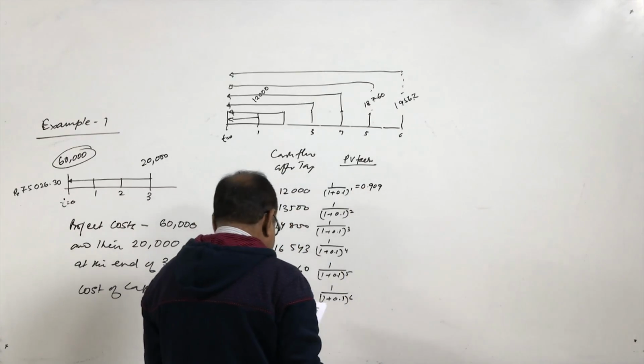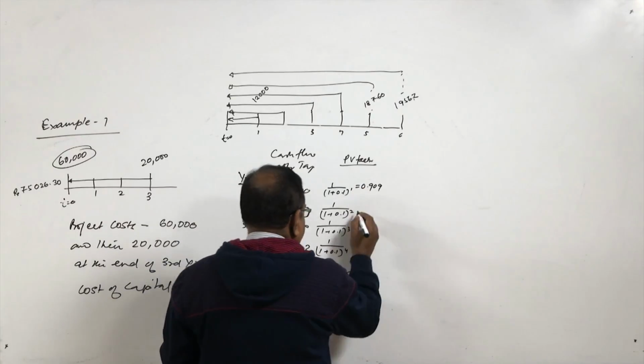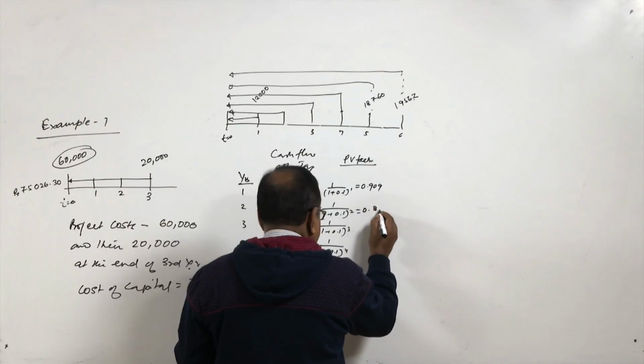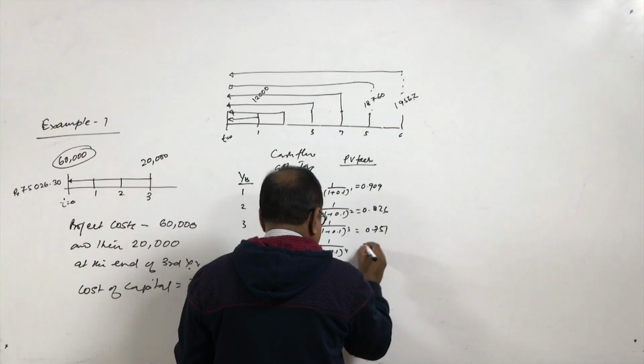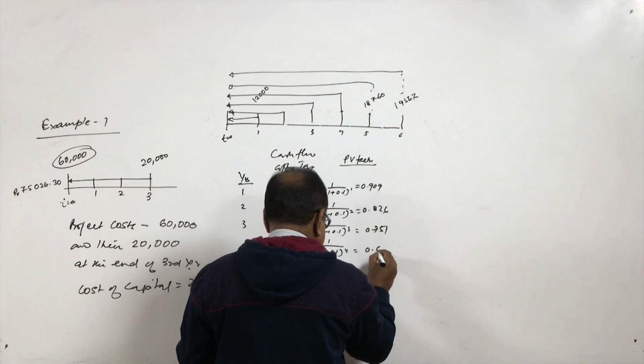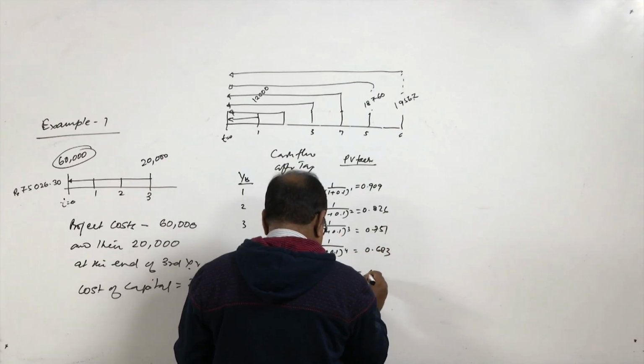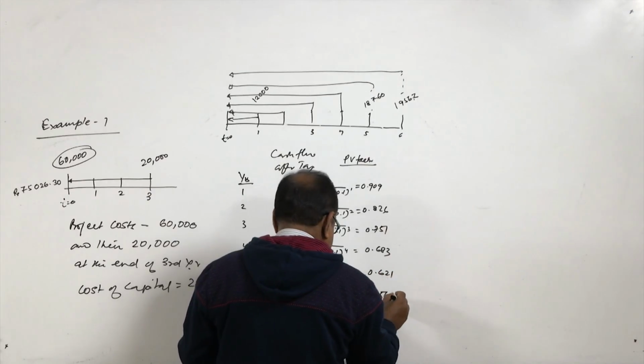So, if I calculate, these factors are 0.826, this is 0.751, this is 0.683, this is 0.621, and this is 0.564.